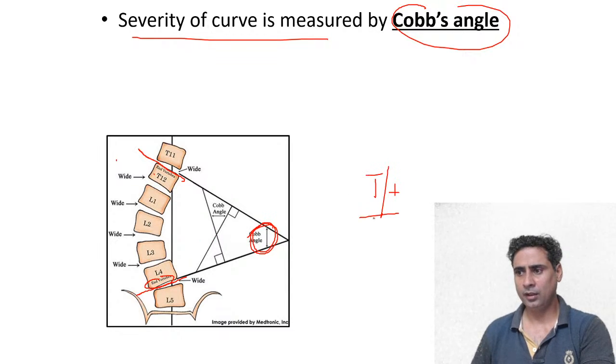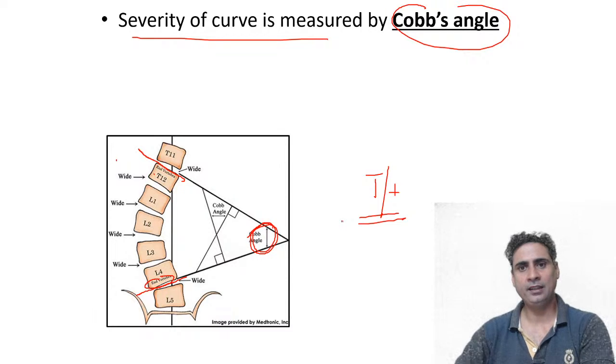In treatment, mild curves, up to 30 degrees of Cobb's angle, can be treated conservatively with physiotherapy and braces, Milwaukee brace or Boston brace. If there is more severe deformity, more than 30 to 45 degrees, most of the time surgical correction of the curve is required.